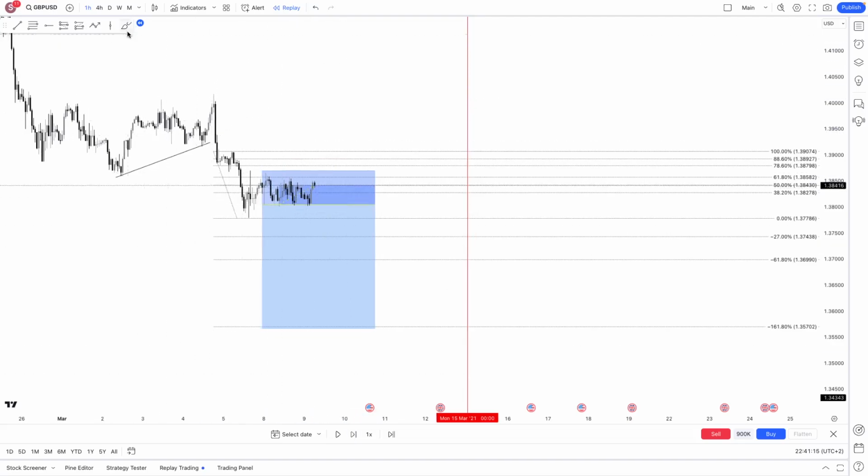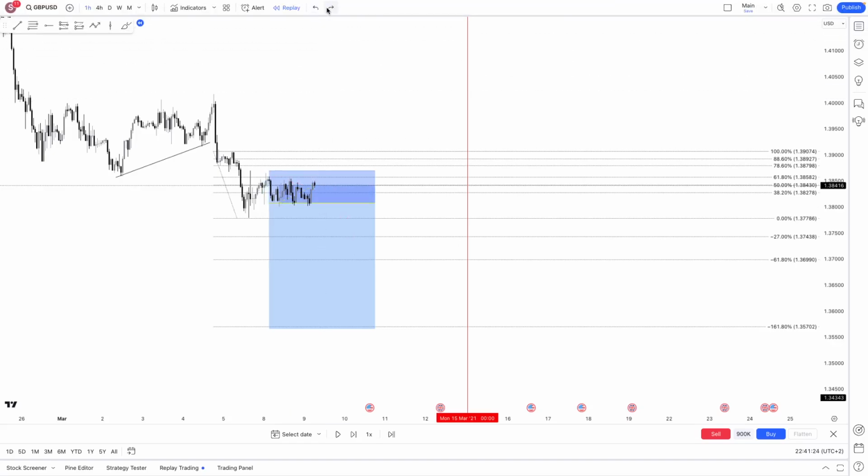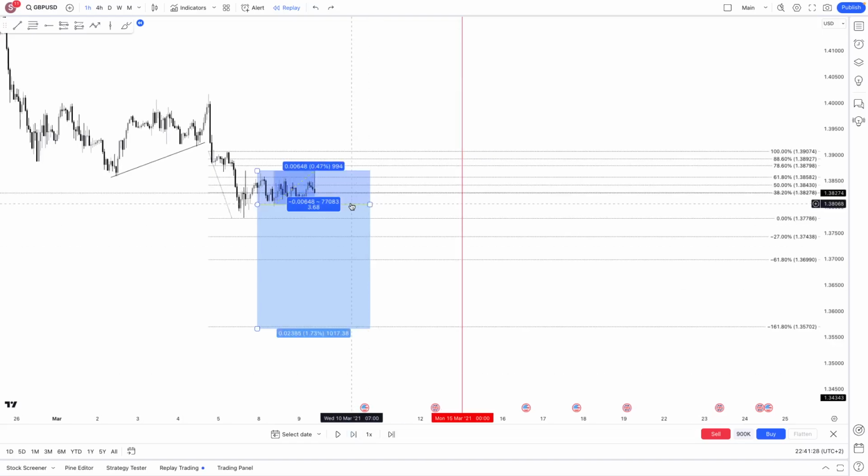Okay, so this is starting to look like it's gonna make a move to the upside like this before we see a sell. We'll see how it plays out. Okay.